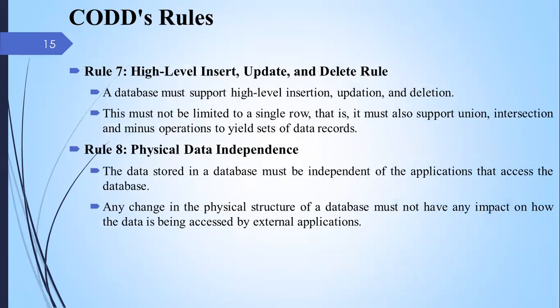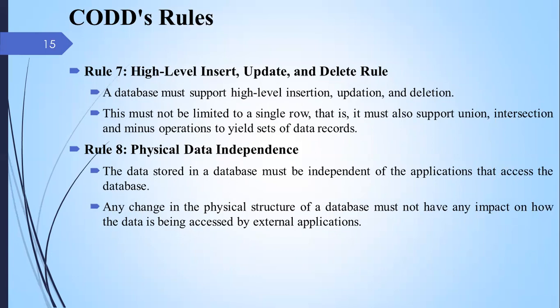Rule number 7, high level insert, update and delete rule. So what does this rule suggest? In this particular rule, the database must support high level insertion, updation and deletion. This must not be limited to a single row. That is, it must support union, insertion and minus operations to yield a set of data records.